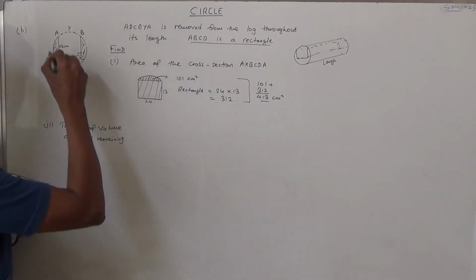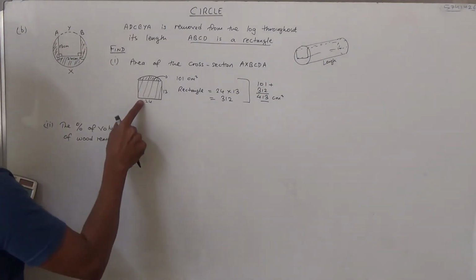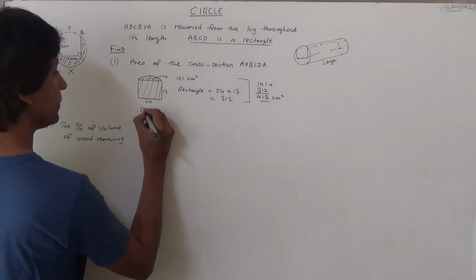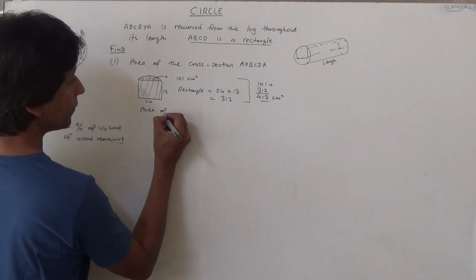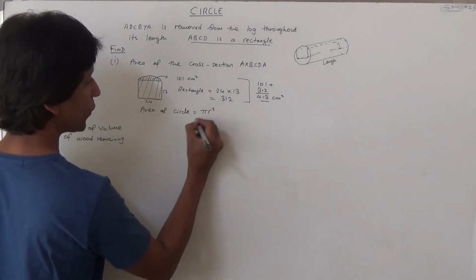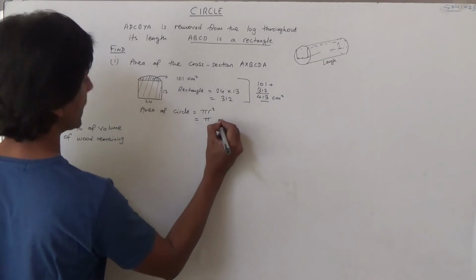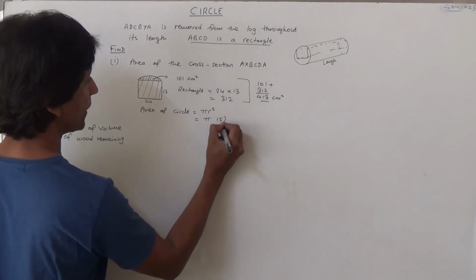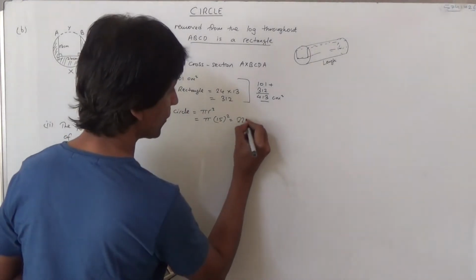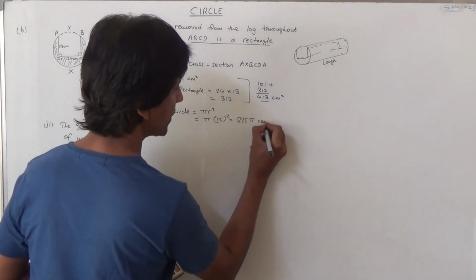So we're going to take the area of this circle minus this area. So area of circle is pi r square, which is pi multiplied by the radius, 15 centimeters, squared. So that's going to be 225 pi centimeters square.